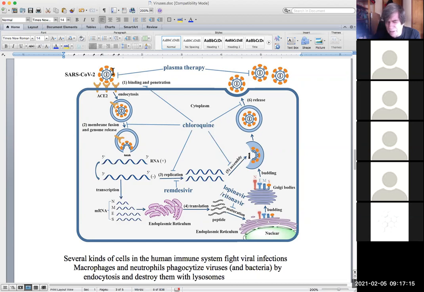Well, if we look at SARS-CoV-2, for a virus to infect a cell, in most cases, that cell has to have a receptor that the virus can attach to. Now remember, receptors are molecules in the outer portion of the plasma membrane of a cell. And most receptors, not all of them, but most of them are proteins.